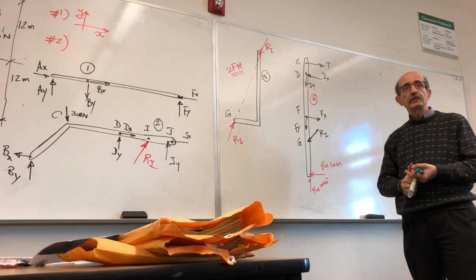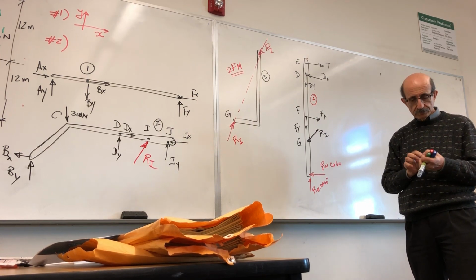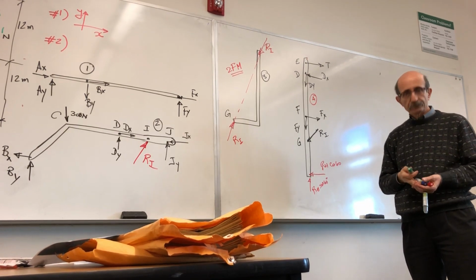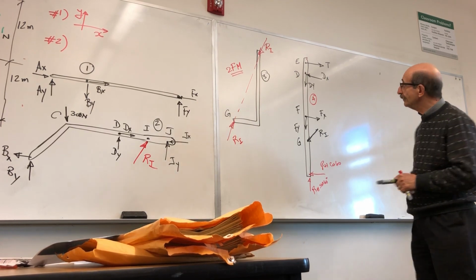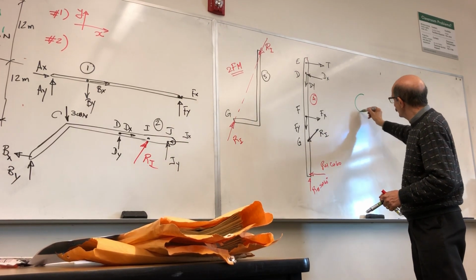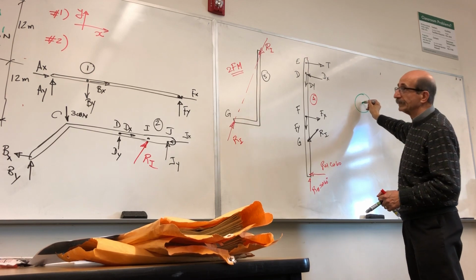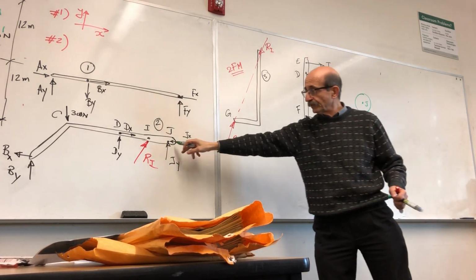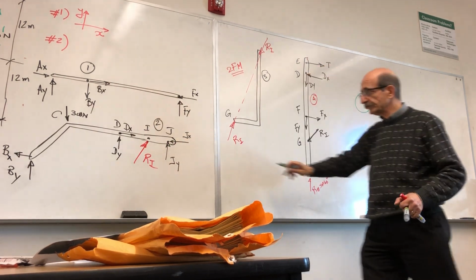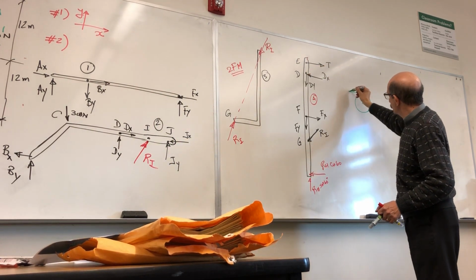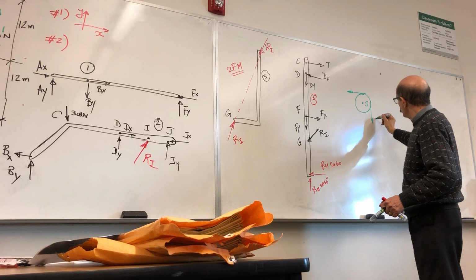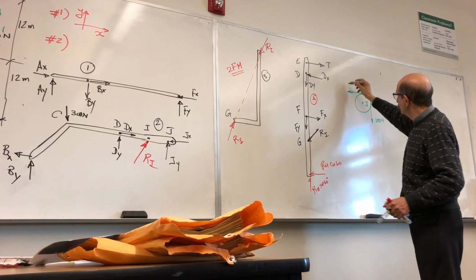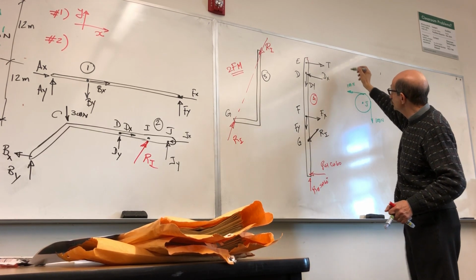Do we have any member left? Anything left? The pulley. Pulley is a member. And it is connected at point J to that member, right? And the assumption was that the forces were in this direction. First of all, there is a force of 100 Newton here, so it would be a force of 100 Newton here.